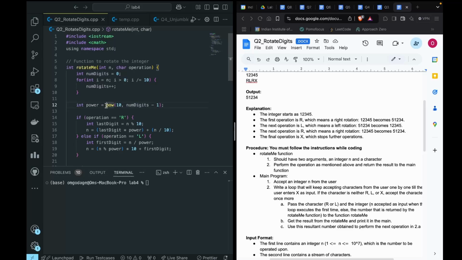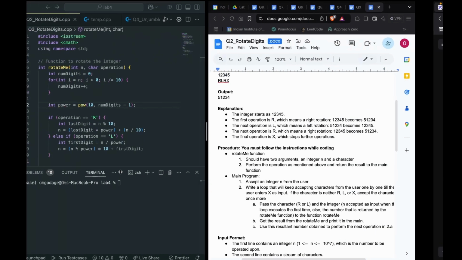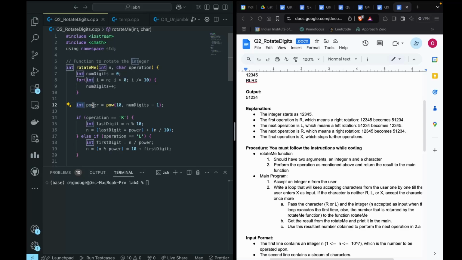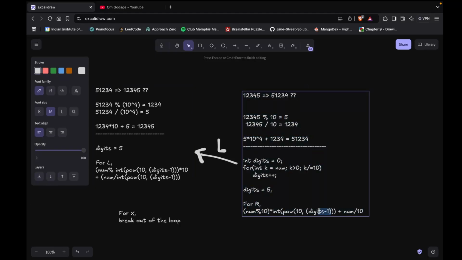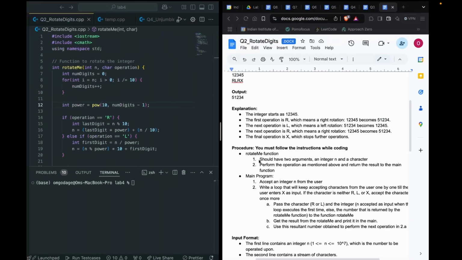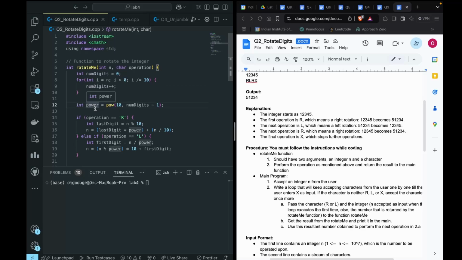So there was no typecasting required as I wrote over here because you're already storing it in an int, so it already does that by default. So you calculated power of num digits minus 1 because everywhere, even for L and even for R, you are only using the power of digits minus 1. So you calculate it and store it over here.